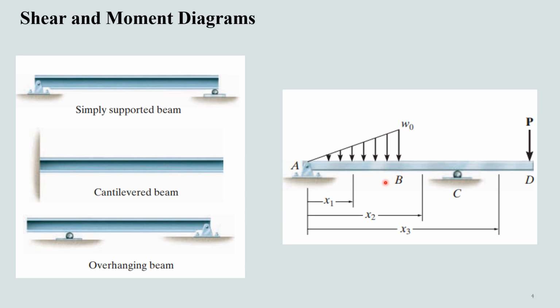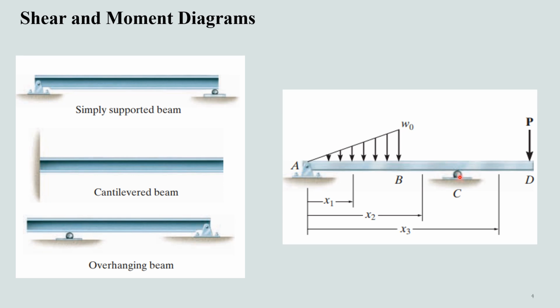For example, consider this beam. From A to B, the load is continuously varying due to this triangular load, and thus the shear will continuously vary in this region. From B to C, there is no applied load and there is no support, so the shear will remain constant within this region.